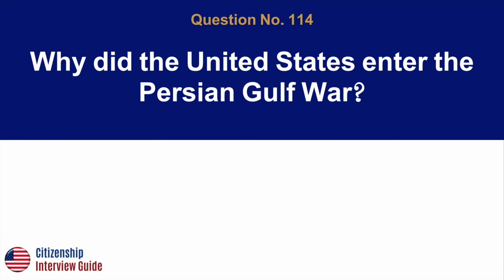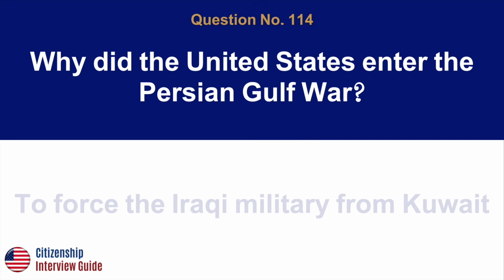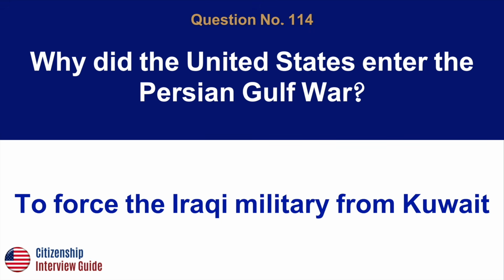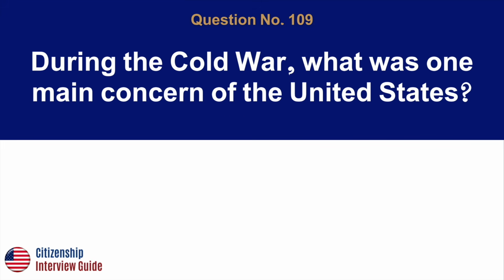Why did the United States enter the Persian Gulf War? To force the Iraqi military from Kuwait. During the Cold War, what was one main concern of the United States?